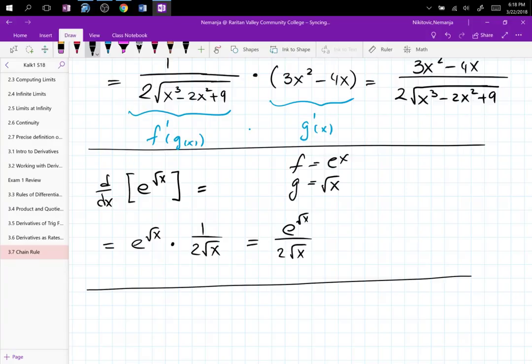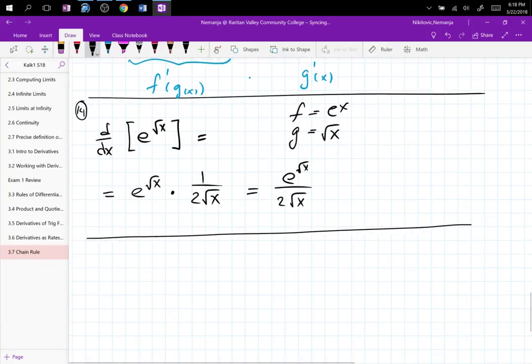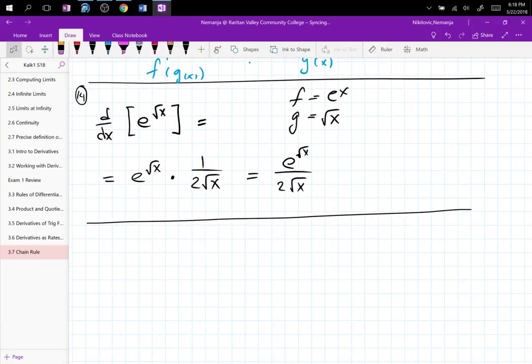That was problem 14 in the textbook. The ones up there I made up. Ooh, nice. What's the derivative of sine x over 4?